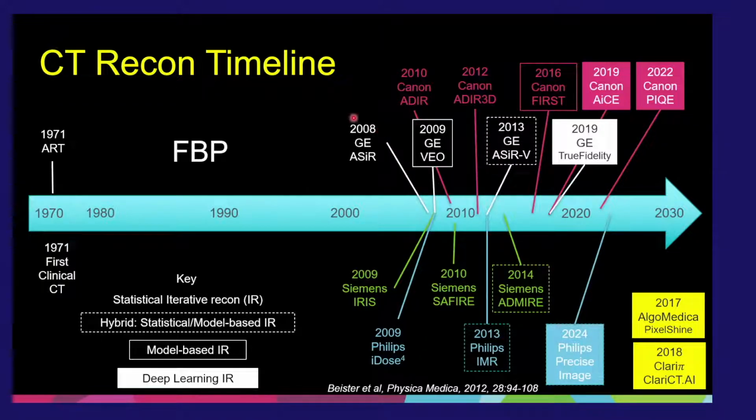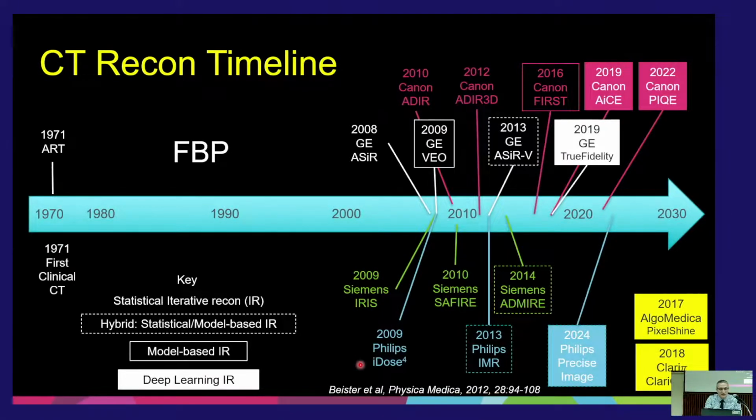All the major vendors, here I'm only listing four, Canon, GE, Siemens, and Philips, but Hitachi, United Imaging in China, and all of the other CT vendors have iterative reconstruction.